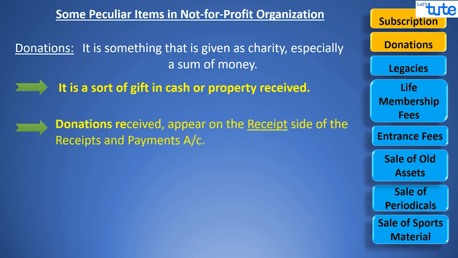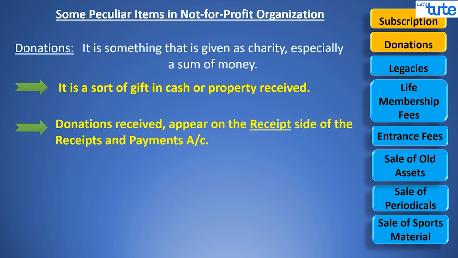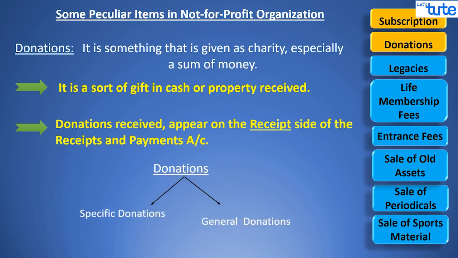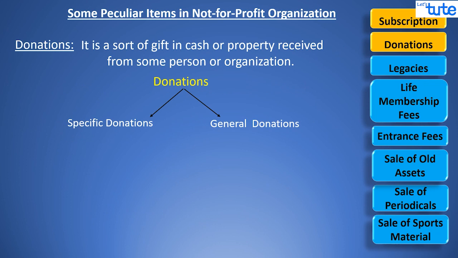Donations received by NPO appear on the receipt side of the receipts and payment account. Also, the donations can be for specific purpose or for general purpose, that is specific donations or general donations. Speaking of specific donations, in case the donor specifies the purpose for which the donations can be used, it is known as specific donation.